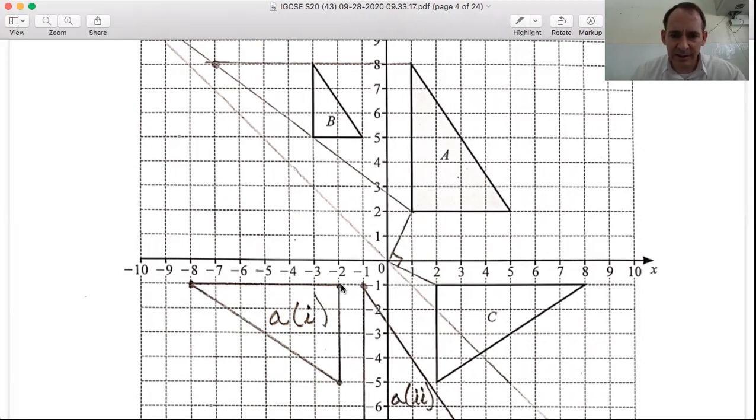So here's the dot that corresponds, or the vertex that corresponds to this one right here. If we come up to this one, we go 1, 2, 3, 4.5. Here's 1/2, 1, 2, 3, 4. So here's our dot here. Do the same thing over here, 1, 2, 3.5. So here's a half, 1, 2, 3. And here's our vertices, and we make our triangle.